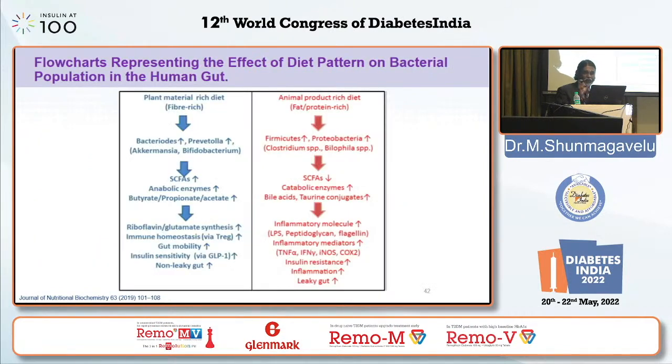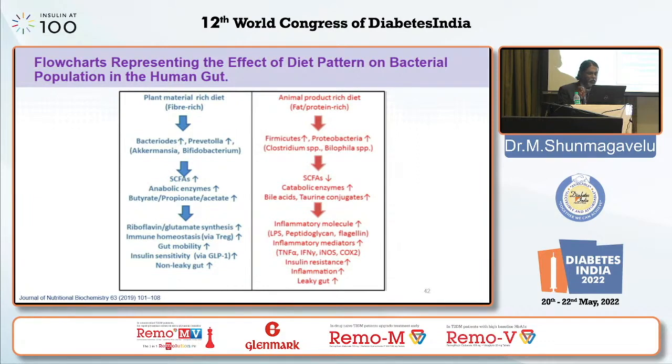So if you look at this particular diagram, it clearly shows the plant-material-rich diet. It alters the microbial flora, and it is associated with increased generation of short chain fatty acids. And a very important thing is it also plays an important role with reference to immune homeostasis, insulin sensitivity, and maintains the gut integral activity.